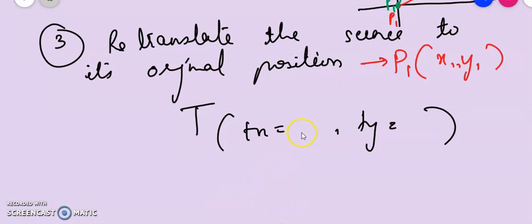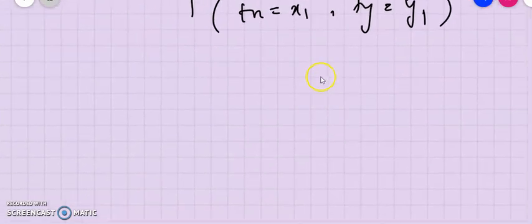Now it will be positive values as I am going away from origin. So this will be my retranslation matrix to the original scene position using x1 and y1.